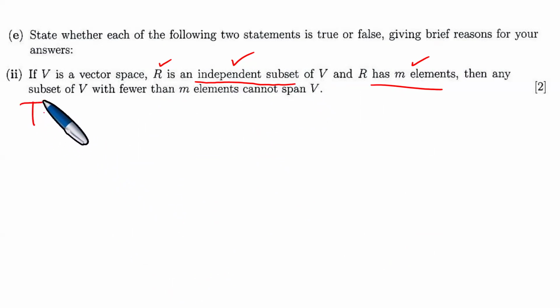So now, we argue that this is true. If you have a linearly independent set, then any subset of V with fewer than M elements cannot span V. Why?